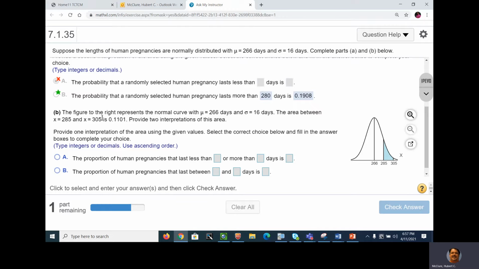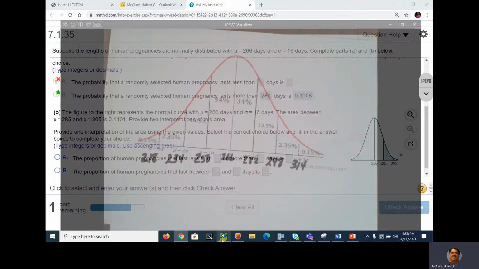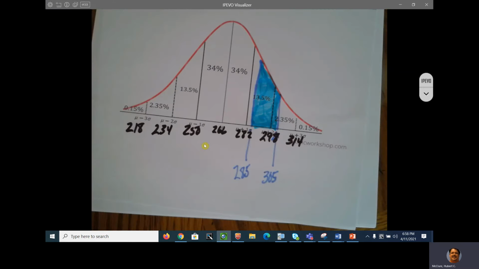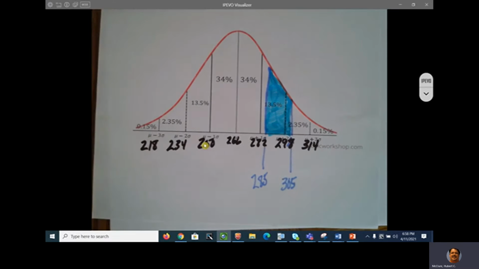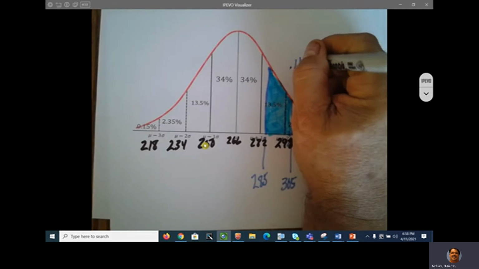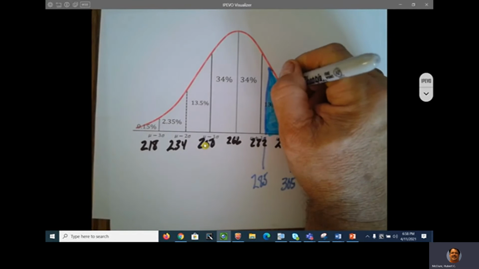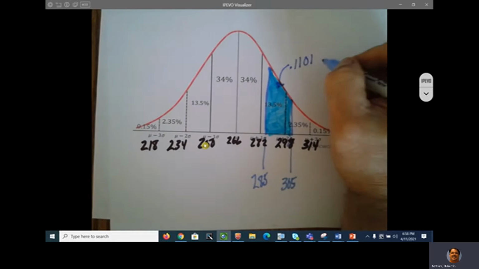So between 285 and 305, that area is 0.1101. So this area right here is 0.1101. So that means it is equal to the area.